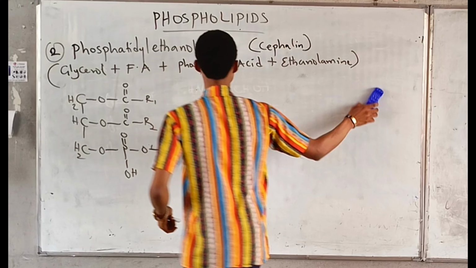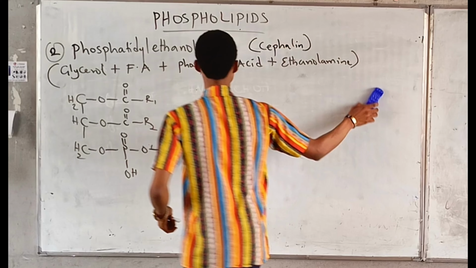Then on the third carbon, what do you have there instead? Phosphoric acid, right? We are making progress. We've done this, and now phosphoric acid. If I leave this structure like this, which structure is this?